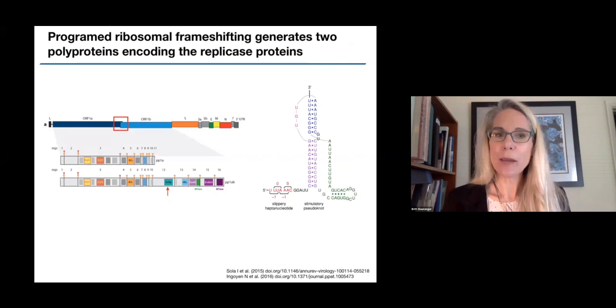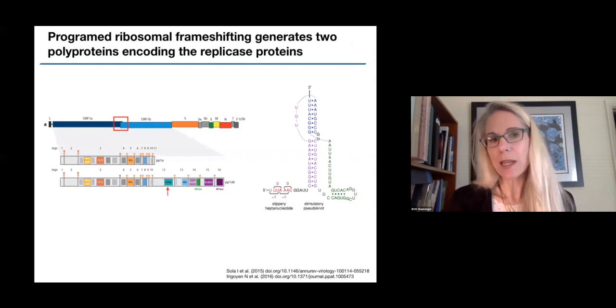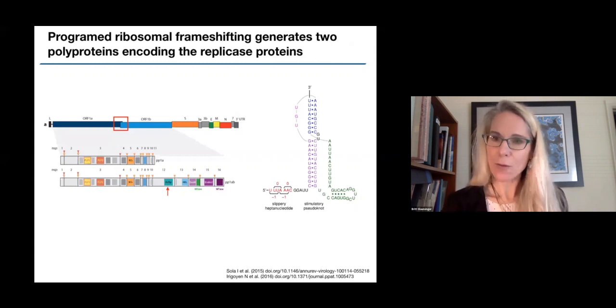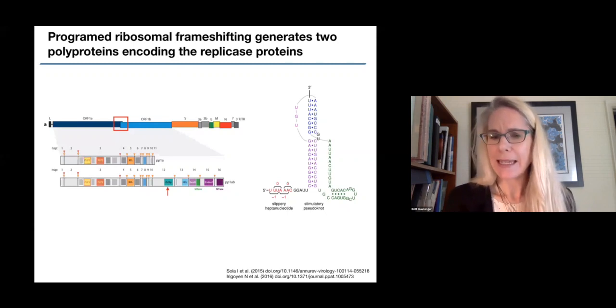And that translational frame shifting event occurs through two mechanisms. It turns out that the sequence right around that stop codon has what's called a slippery sequence. This is a heptanucleotide sequence, UUUAAAC.